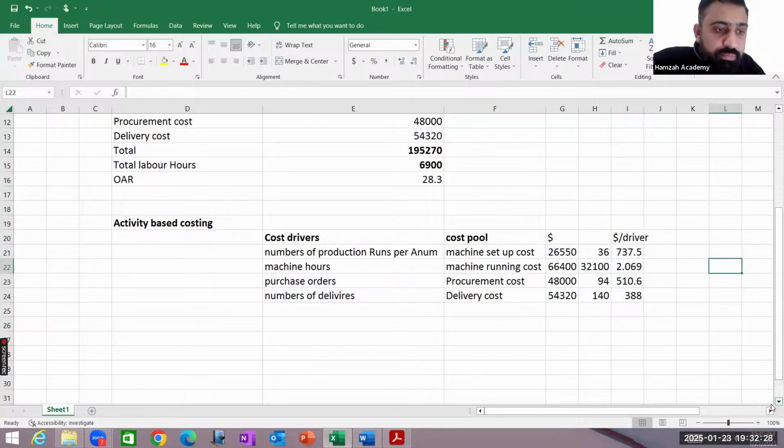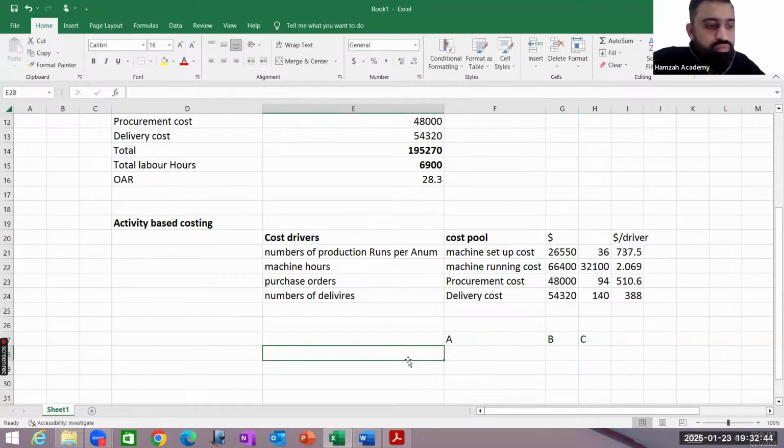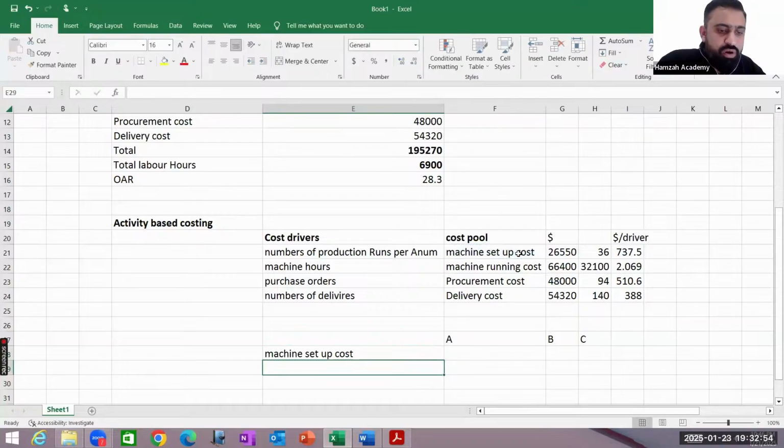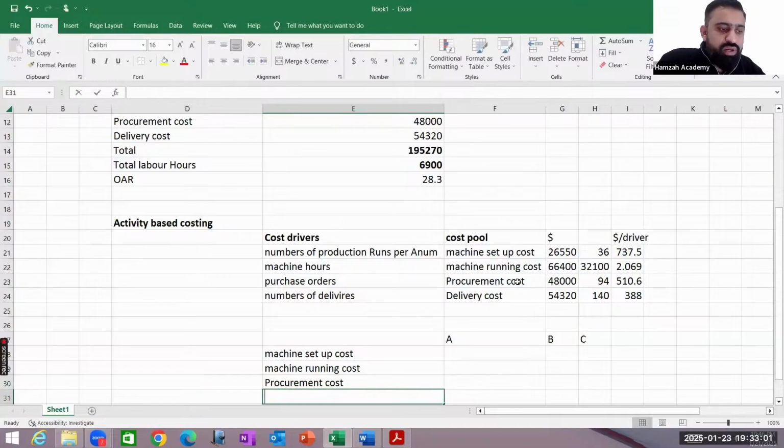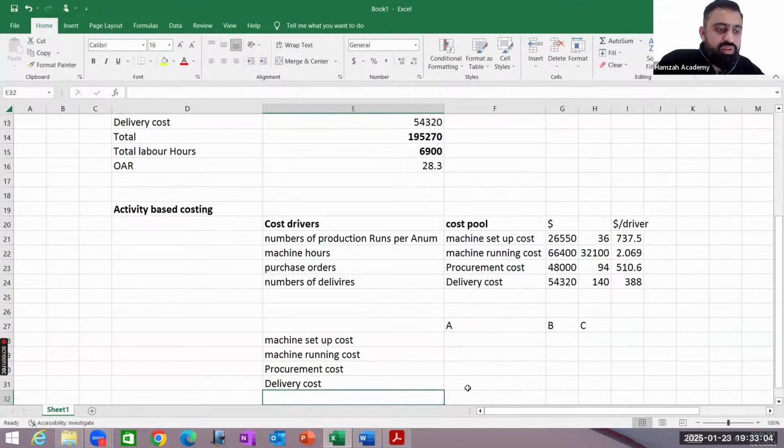Now, as you know, we have three products, product A, B, and C. Now we need to calculate the overhead cost using ABC. So we again have machine setup cost, machine running cost, procurement cost, and delivery cost.